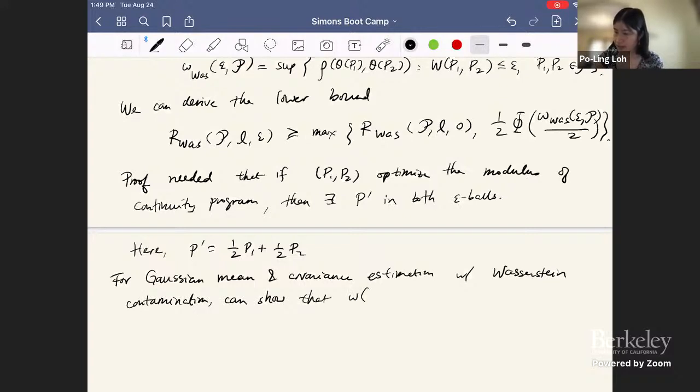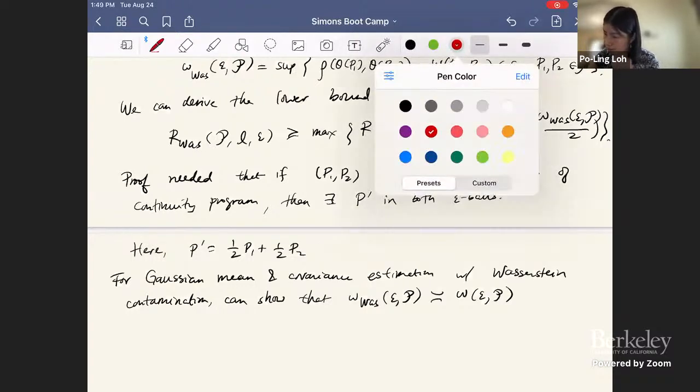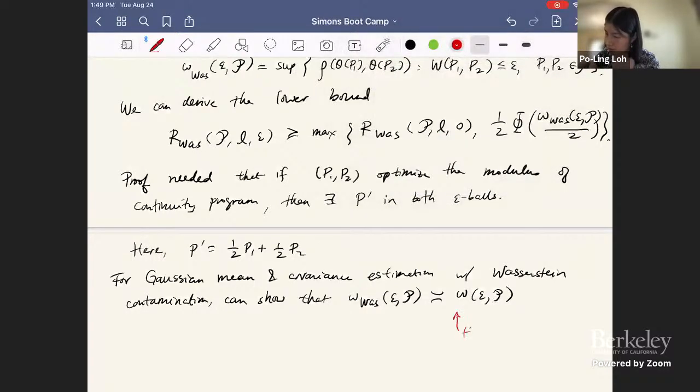That omega Wasserstein epsilon P is of the same order as omega Huber. So here, this guy was the Huber modulus of continuity from before.